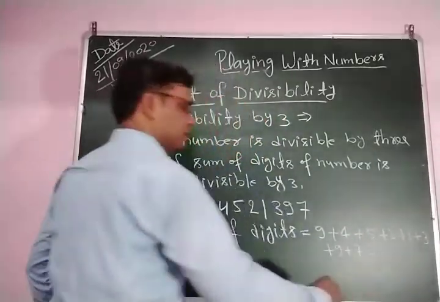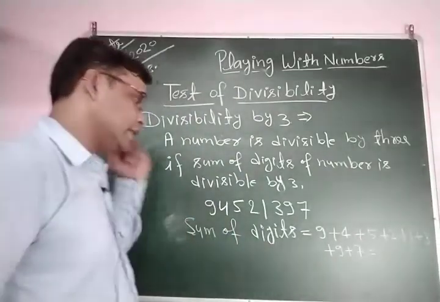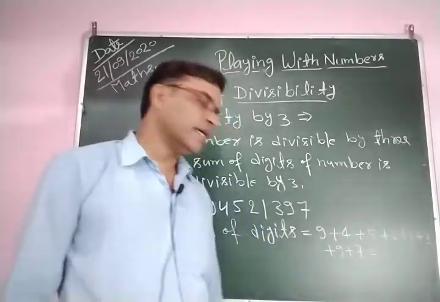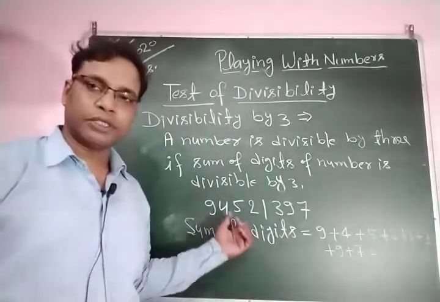Okay, so you can see here 9 plus 4, this is 9 4 5 2 1 3 9 7, and this is the digits of this number.